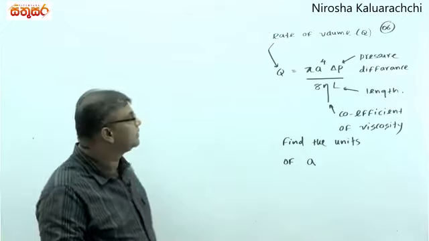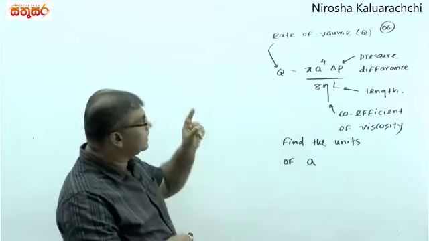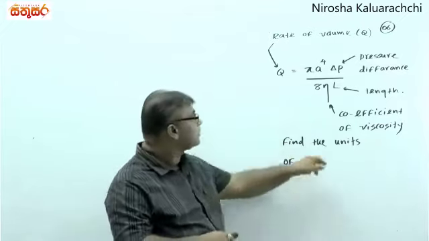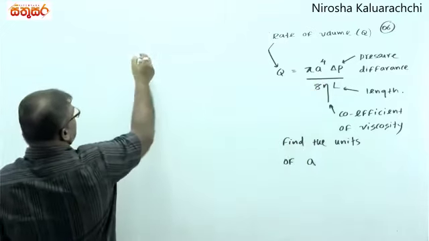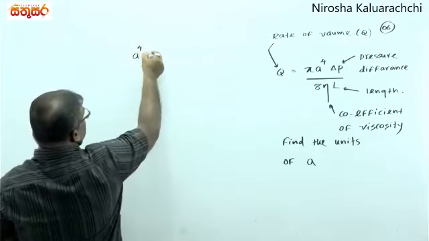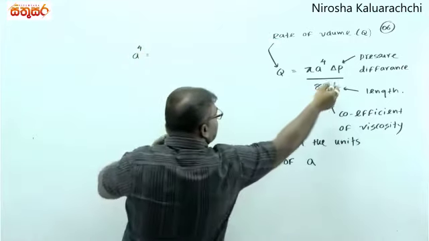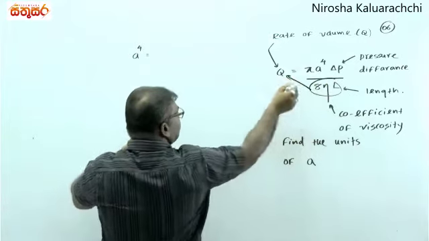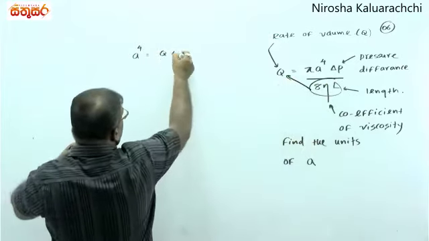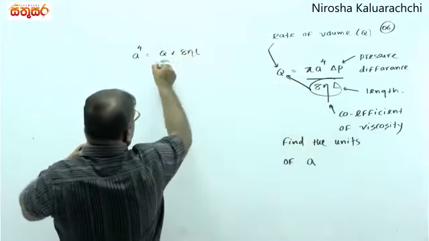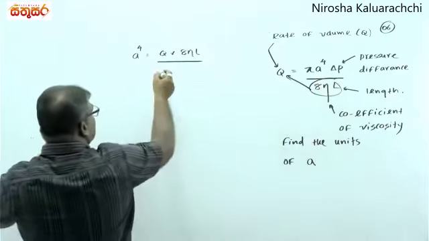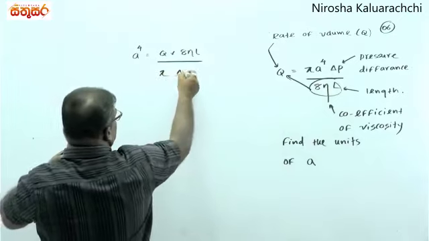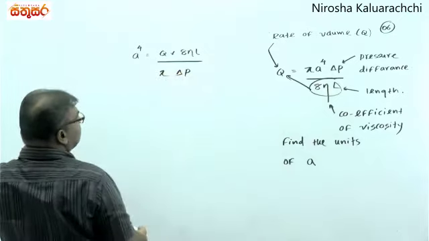Let's see now, right? Okay, then they need A now. A is here. Then A to the power of 4 is present here. This 8 eta L goes up, Q into 8 eta L, and pi and delta P come down.